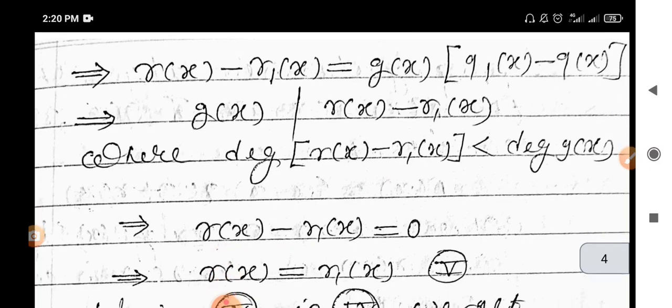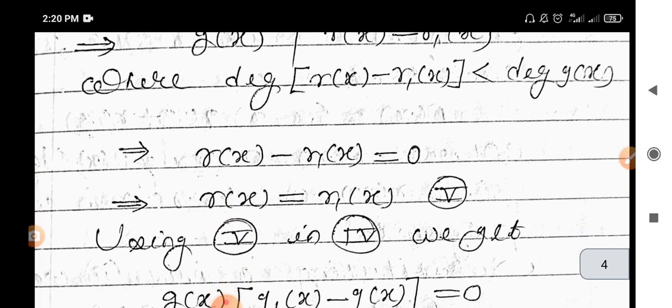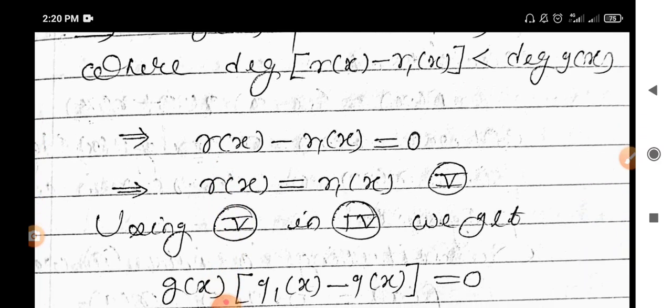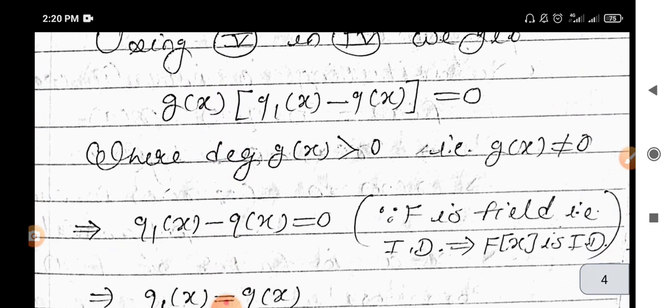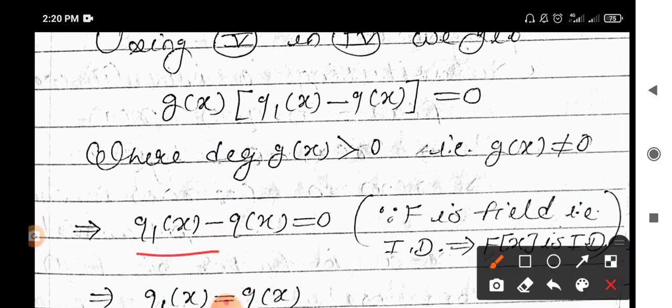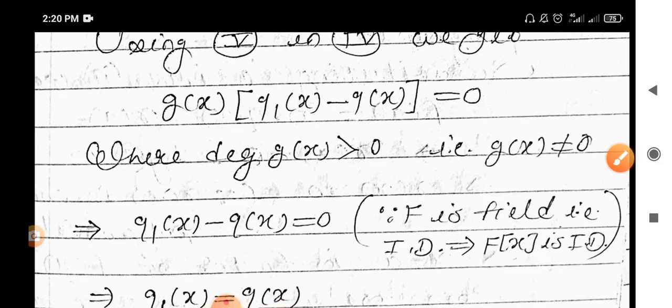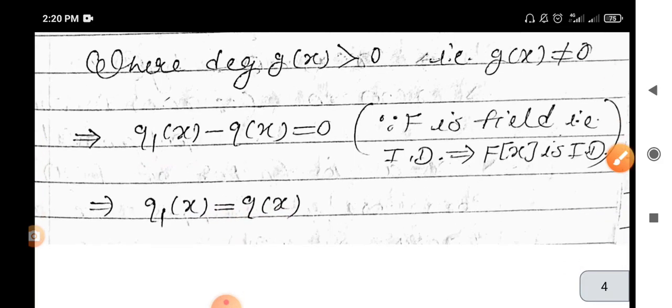That is r(x) is equal to r1(x), and hence we get the uniqueness. That is, if g(x) into q1(x) minus q(x) is 0, where the degree of g(x) is greater than 0 and g(x) is non-zero, we get q1(x) equal to q(x), which proves the uniqueness of the division algorithm in F[x].